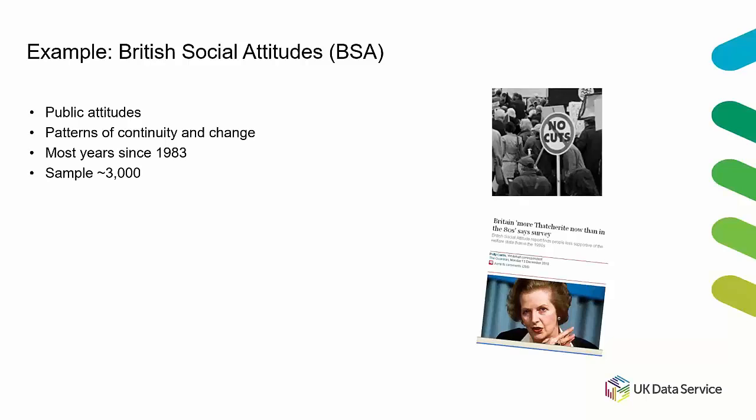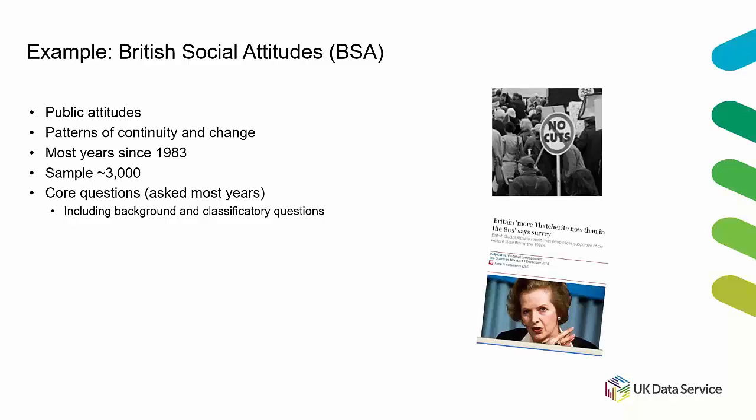The survey now has a sample of about 3,000 each year, and it includes some core questions which are asked each time, and then there are also modules that ask more detailed questions on specific social, economic or political issues.